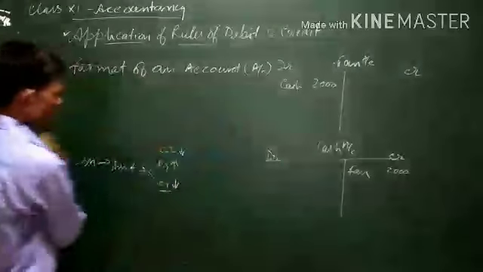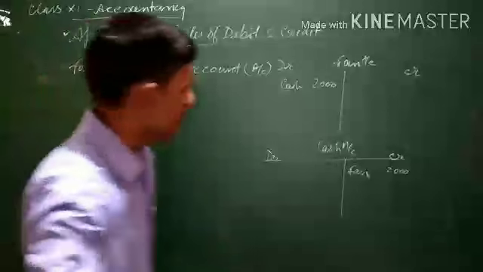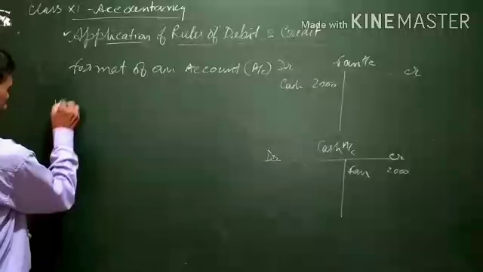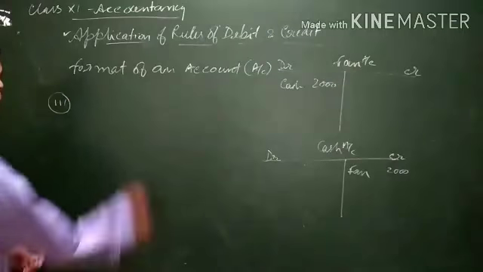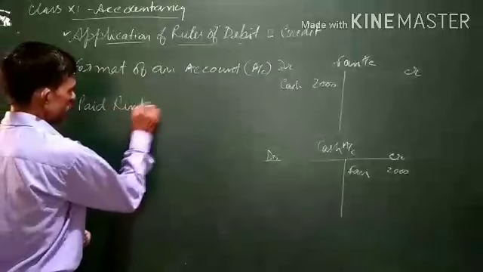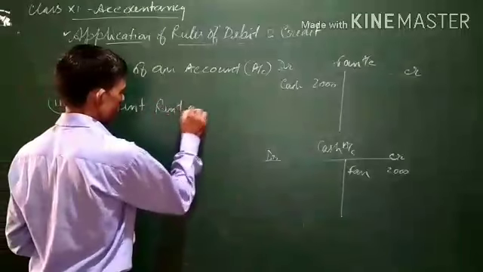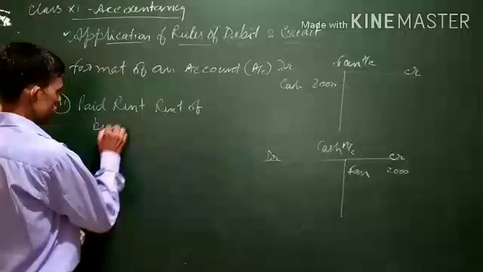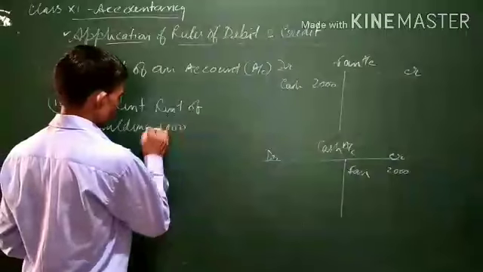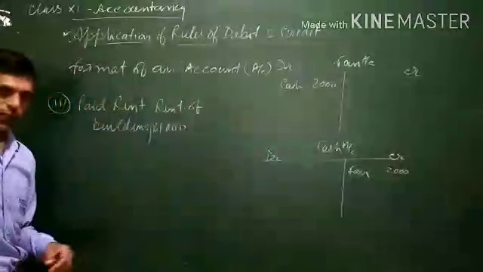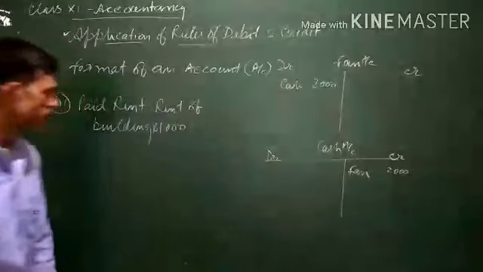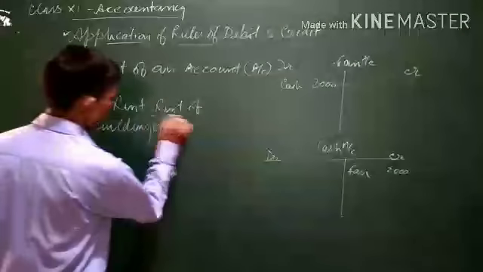Let us take one more example. Third: paid rent of building, 1000 rupees. Assume he has paid rent of rupees 1000 for the building in which he is doing the business. So here again two accounts are involved.